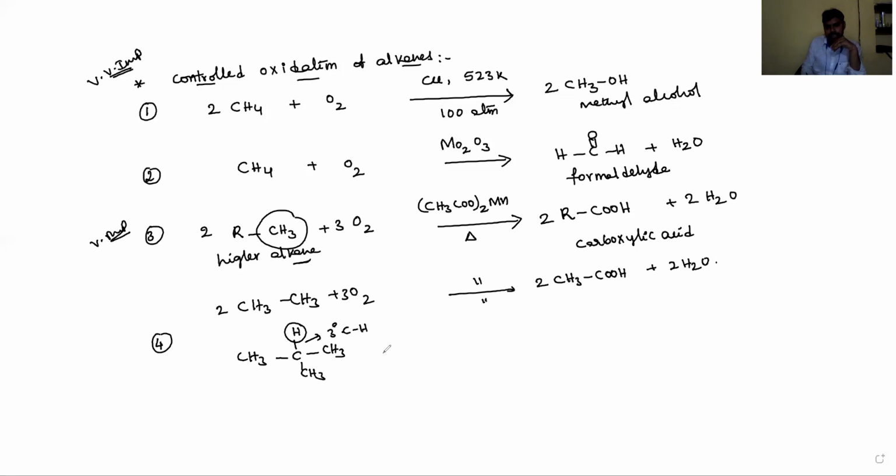Tertiary CH hydrogens on controlled oxidation in the presence of alkaline KMnO4, potassium permanganate, are converted into tertiary alcohols. Alkaline potassium permanganate is also known as Bayer's reagent.